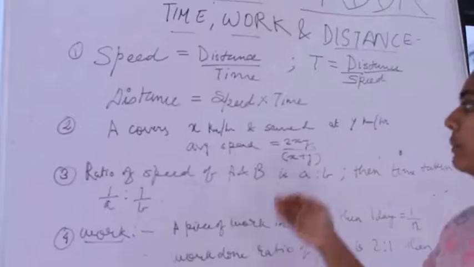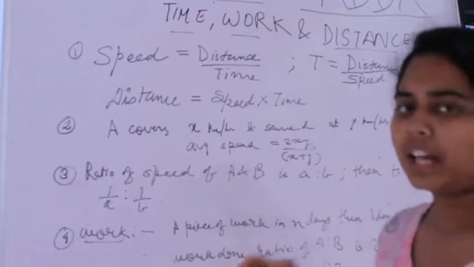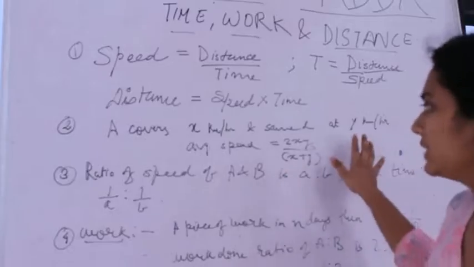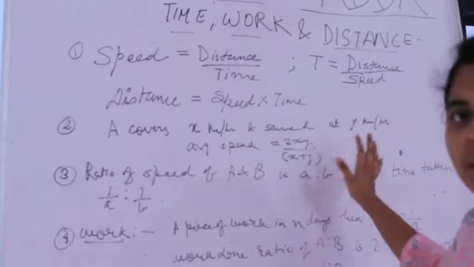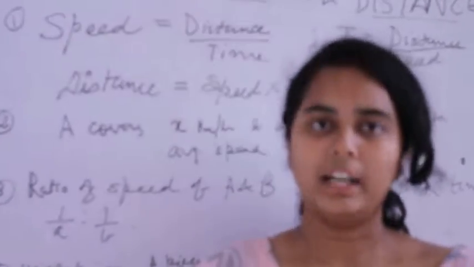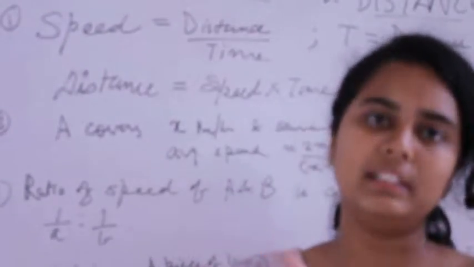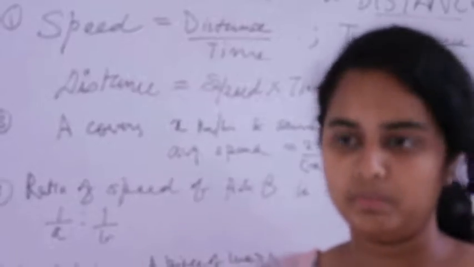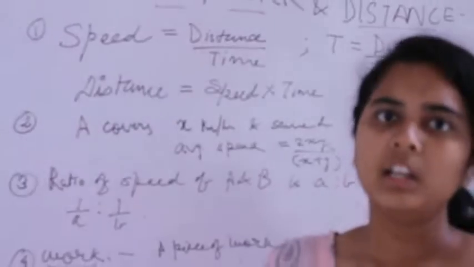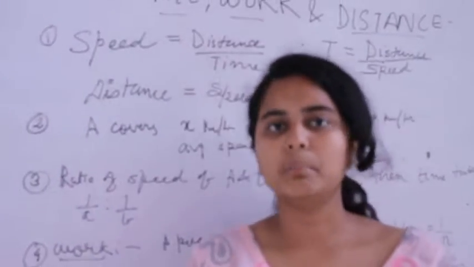Then what will be the average speed of the person? The average speed will be 2xy by x plus y. This is the formula using which you can find the average speed. I repeat, if a person travels two equal distances with different speeds, you can find the average speed using this formula.